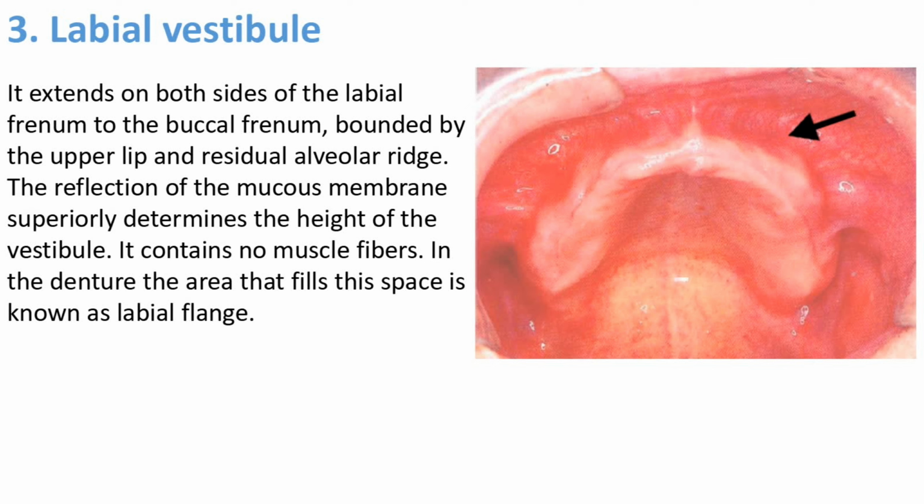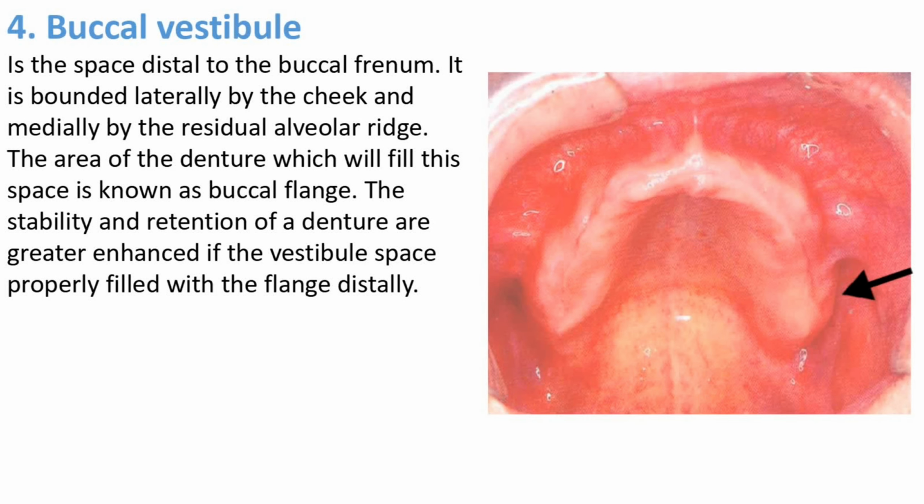3. Labial vestibule. It extends on both sides of the labial frenum to the buccal frenum, bounded by the upper lip and residual alveolar ridge. The reflection of the mucous membrane superiorly determines the height of the vestibule. It contains no muscle fibers. The area of the denture that fills this space is known as the labial flange. 4.